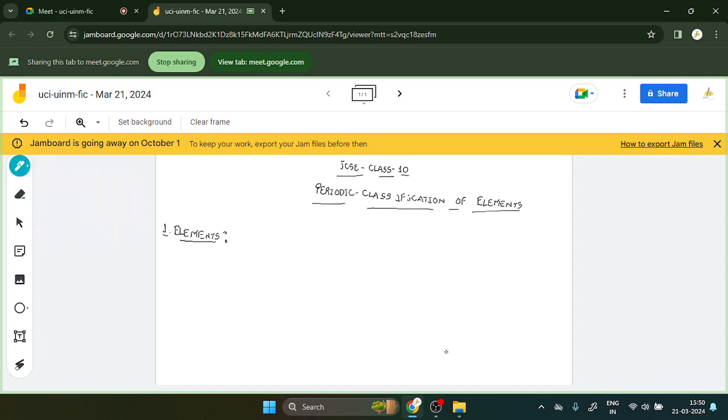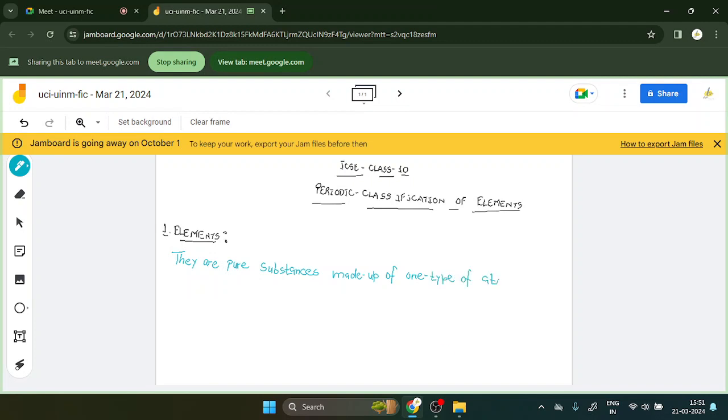They are pure substances which are made up of one type of atoms. Clear?